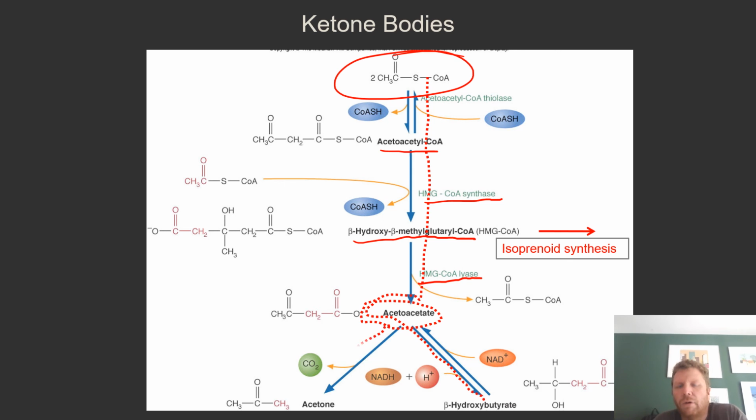HMG-CoA lyase is going to produce acetoacetate. Acetoacetate is going to be broken down into acetone and beta-hydroxybutyrate, examples of ketone bodies. So that's going to be the fate of your acetyl-CoA that doesn't go through the citric acid cycle. But in an ideal situation, all of your acetyl-CoA is going to go either to isoprenoid biosynthesis or the citric acid cycle.